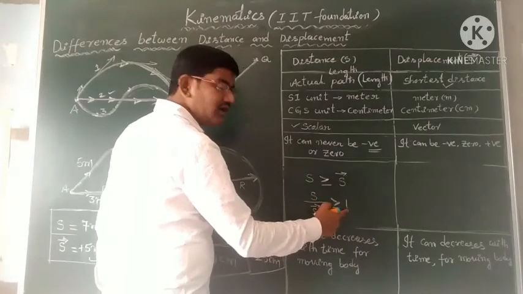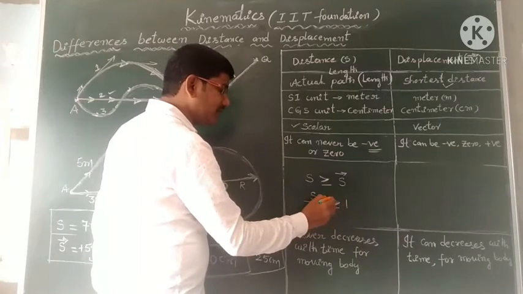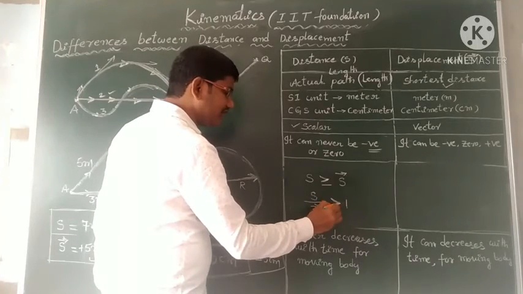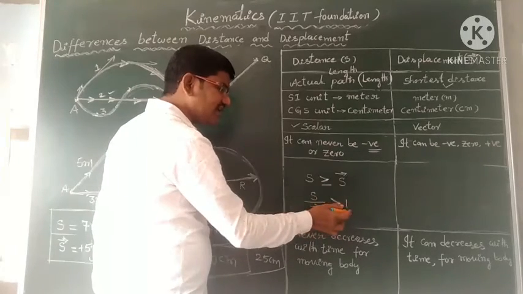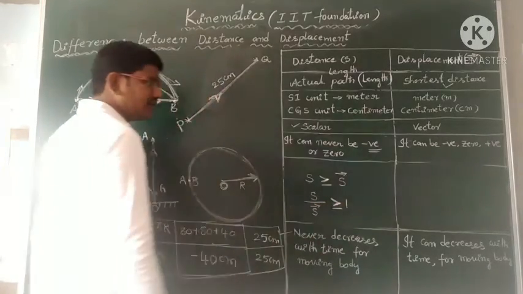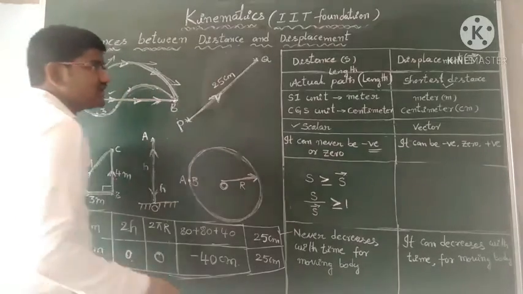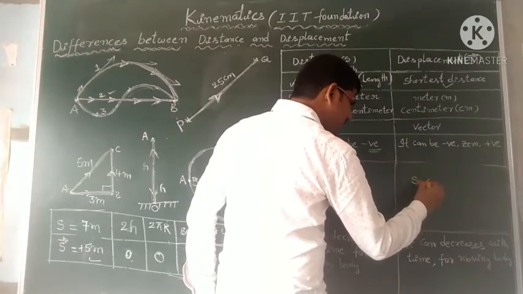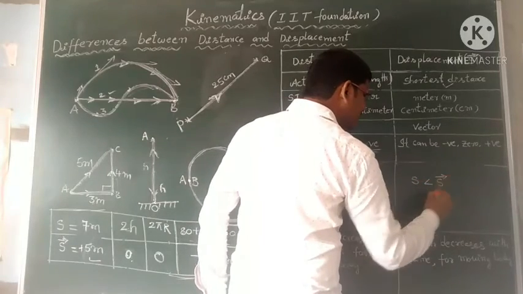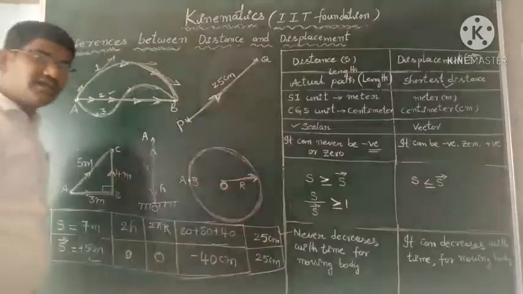If they both are equal, the ratio is 1. And if distance is greater than displacement, it is greater than 1. And if I write here, displacement is either less than distance or it can be equal. You can write like that also.